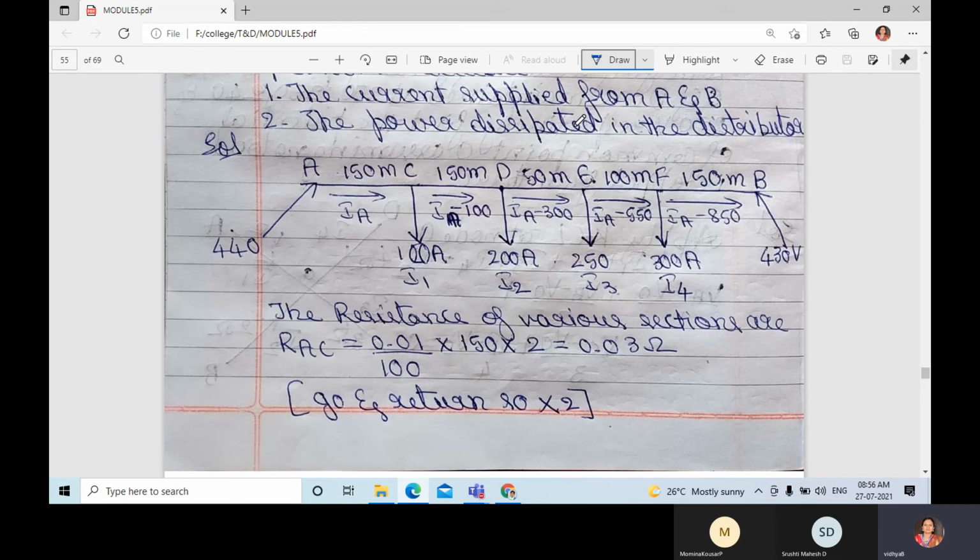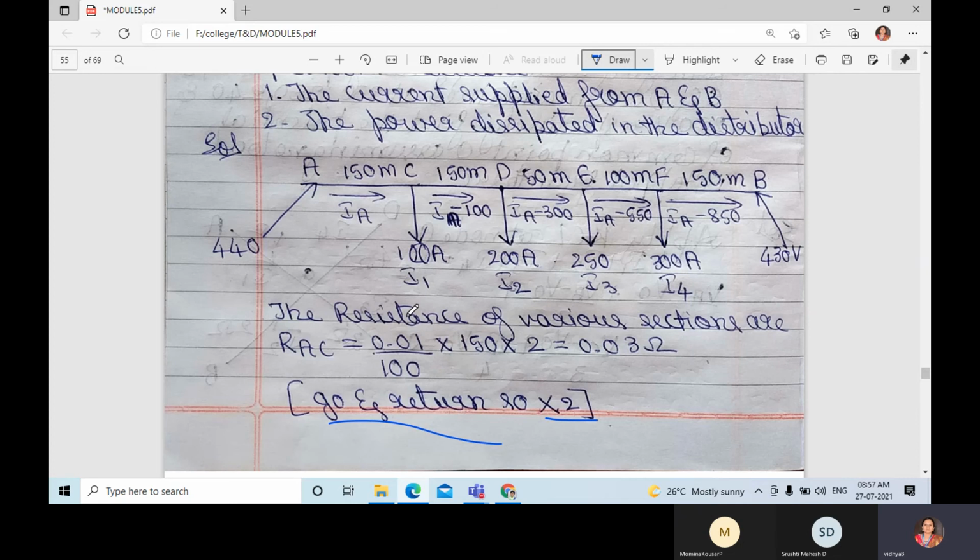Before finding the current we should know the resistance of each section, that is from A to C, C to D, D to E, E to F and F to B. First we shall find the resistance of the various sections. RAC is equal to, here there is a go and a return wire, so we should multiply by 2.